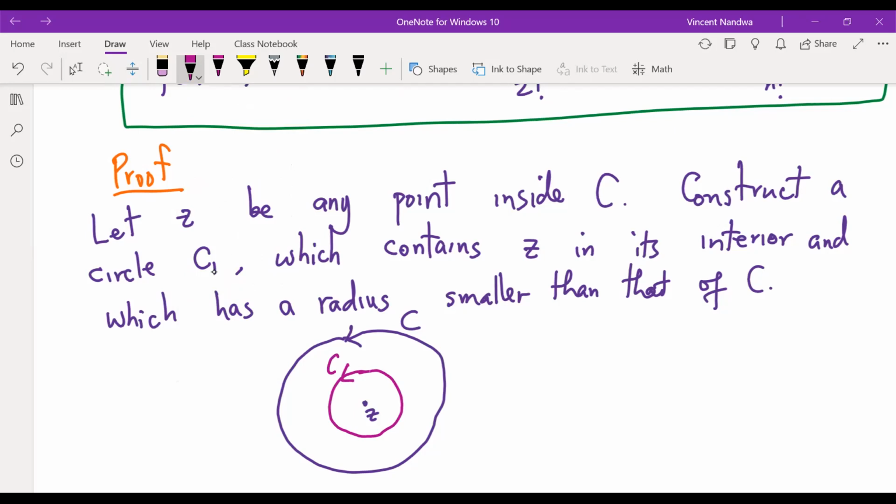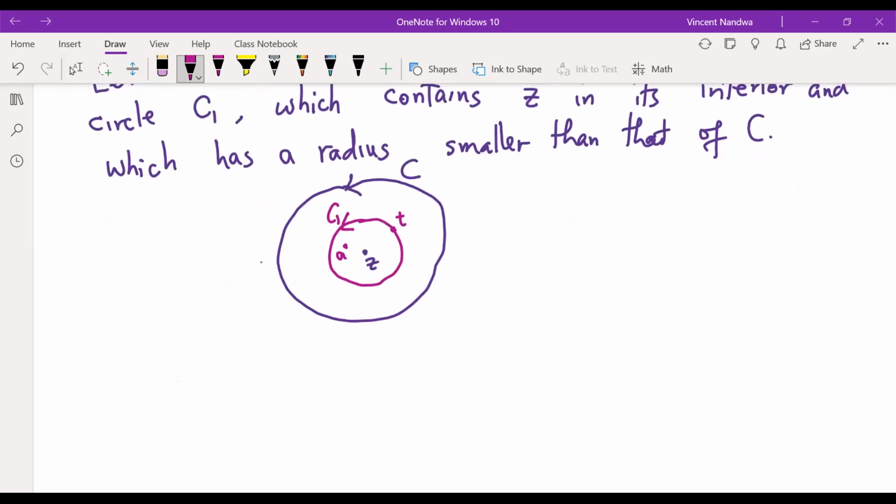This is the circle we are calling C1, such that on this circle is a general point t. And then within this circle, we have the point a. Clearly, the radius of C1 is less than the radius of the circle C.